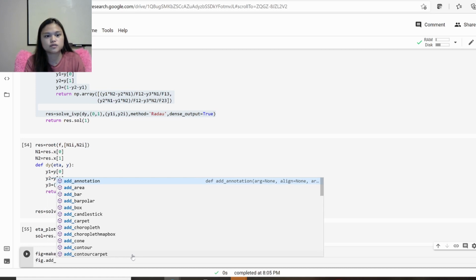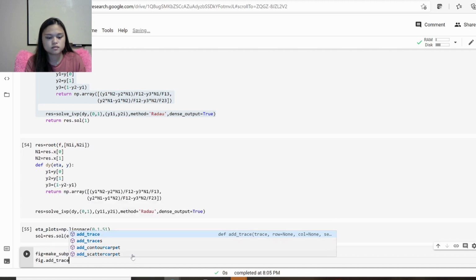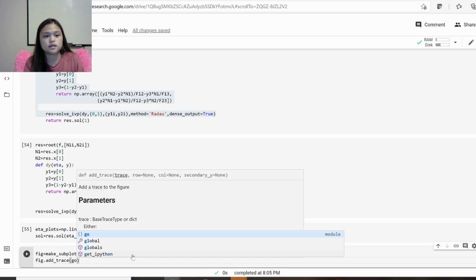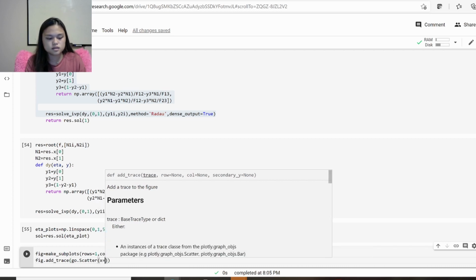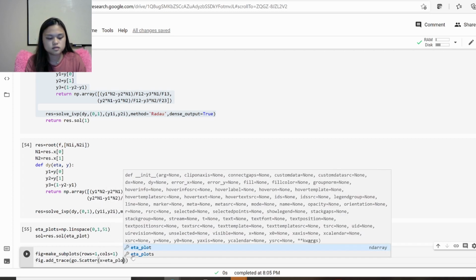Trace is just another word for a plot, for plotly. go, that's the abbreviation or the variable that we gave for graph objects. And we want it to be a scatter. So that x is going to be the eta plot.